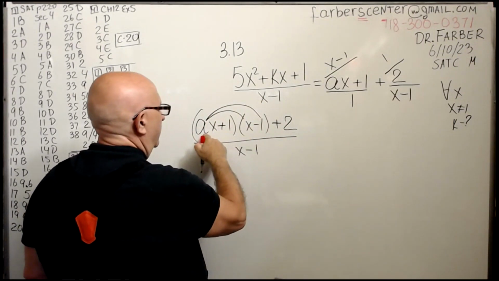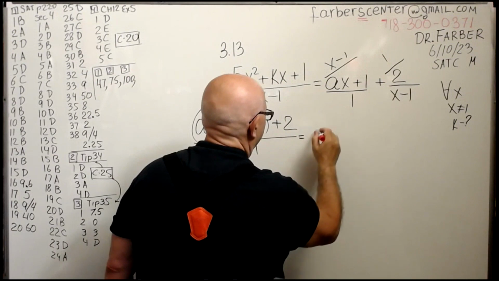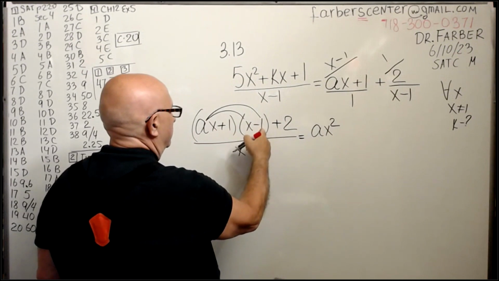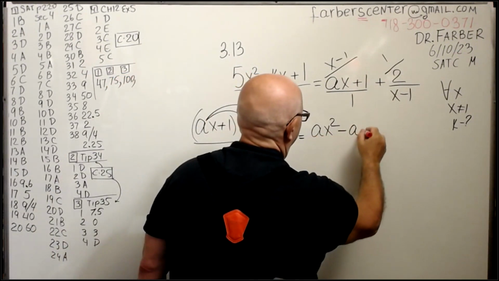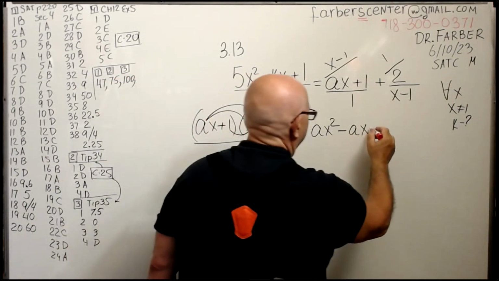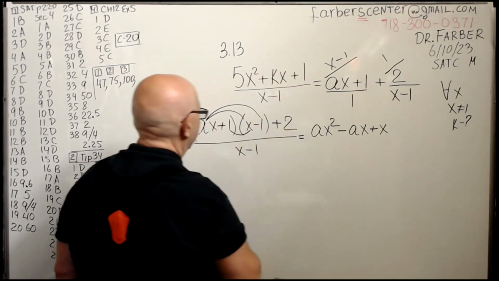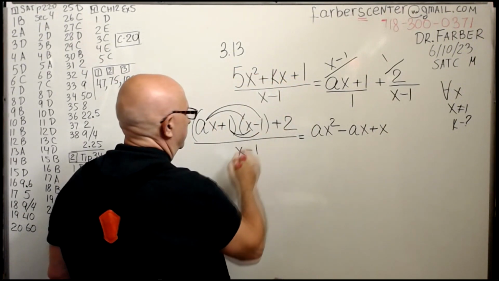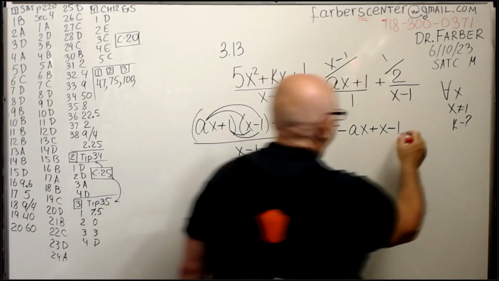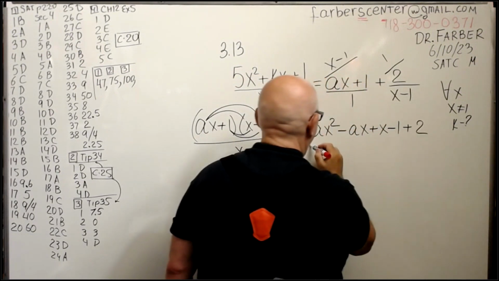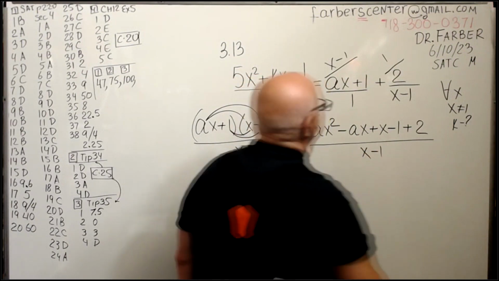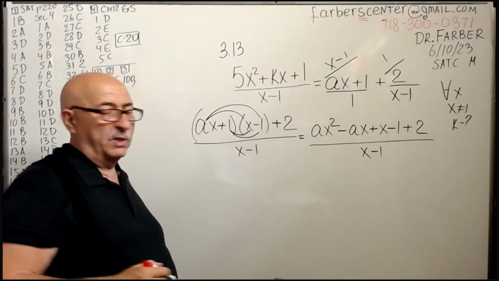I have ax to the second minus ax plus x and minus 1 and plus 2, and divide by x minus 1. What I did so far, I just added two algebraic fractions. Any questions?